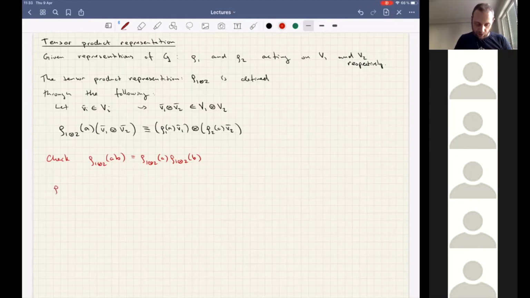So we can just do this through the definition here. If we take rho 1 tensor rho 2 of AB and we act on V1 tensor V2, just using this definition here, we find that this is rho 1 of AB acting on V1, and then the tensor product with rho 2 of AB acting on V2. But we can now use that rho 1 and rho 2 by themselves are representations.